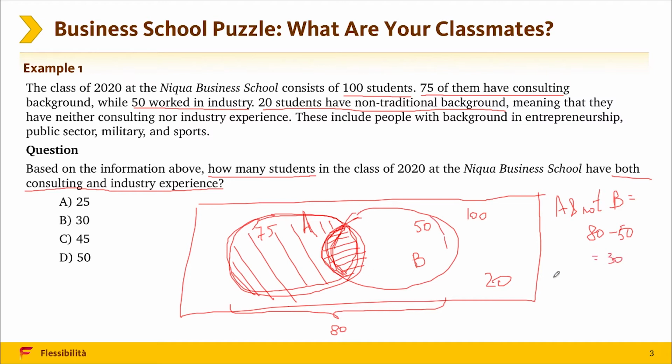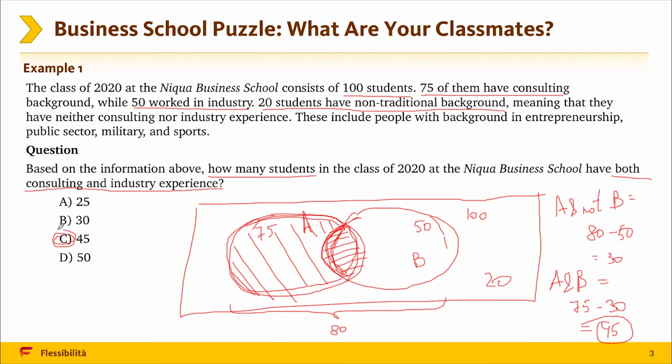And then the number of people with consulting and industry background is 75 minus this part here, A and not B, 30, equals 45. And this is our answer, C.